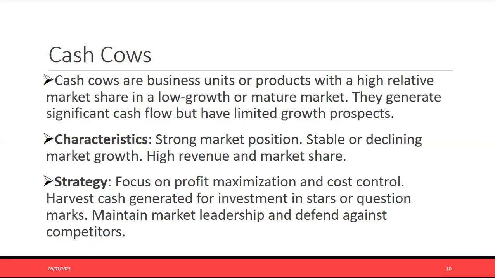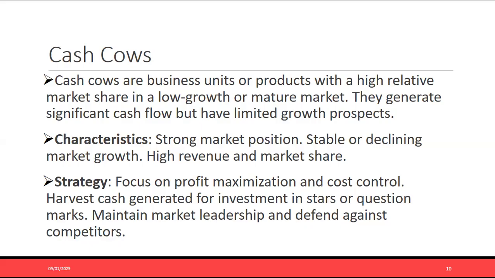For the cash cows, if you have a product or a business unit that is classified under the cash cow, what you do is to focus on profit maximization and cost control. Okay, so because there's no room for the market to grow, you just focus on making as much profit as you can from that business unit or from the product, and as much as possible, cut down on cost.